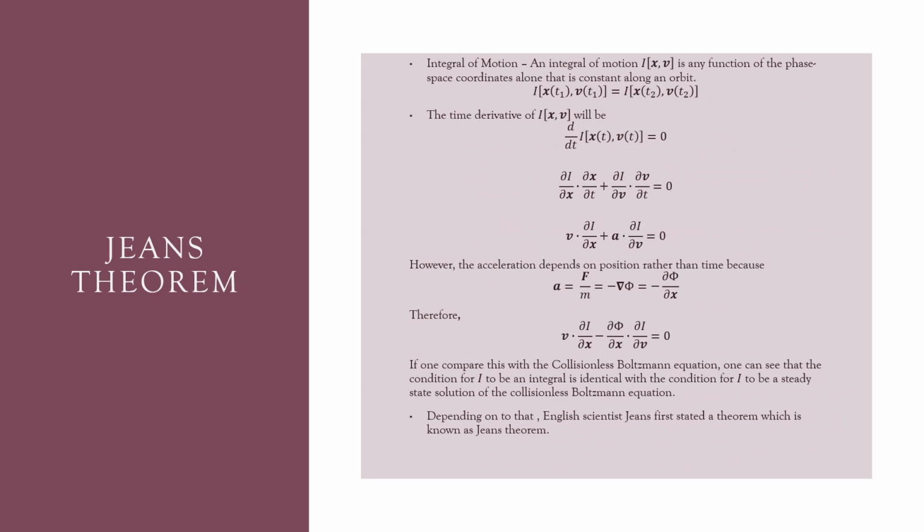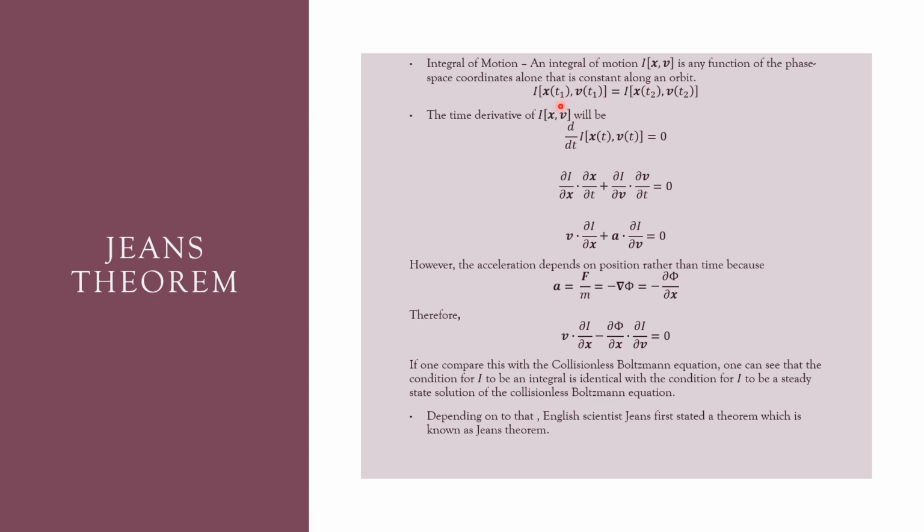For solving the collisionless Boltzmann equation, we need Jeans theorem. Jeans theorem lies at the intersection of dynamics and statistical mechanics. At its core, Jeans theorem revolves around the concept of integral of motion, an essential property in celestial mechanics.